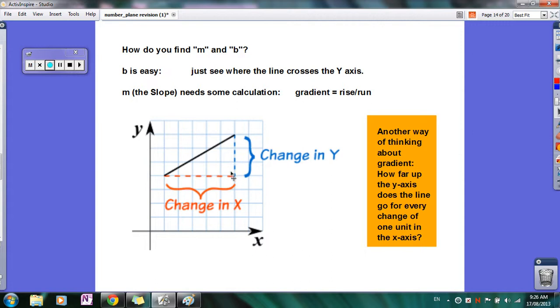In other words, how much does it go up, or what is the rise? How much does it go up when it goes across a certain amount? So the rise, or the change in y, over the run, the change in x.